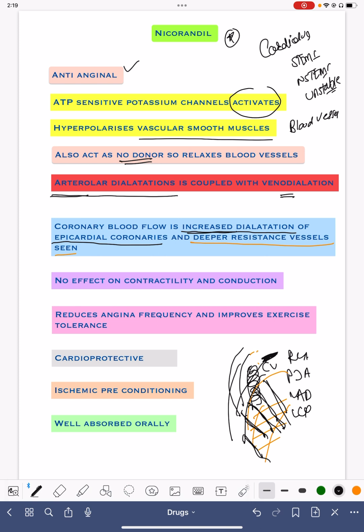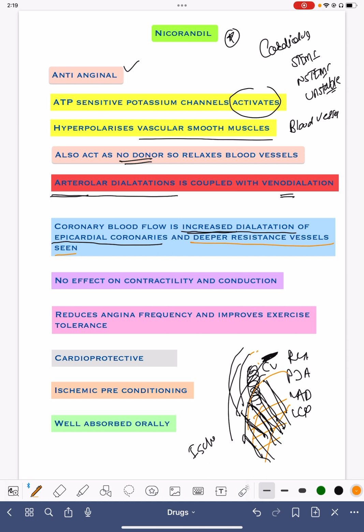So the area of the myocardium which is getting lesser blood flow, where it is getting an ischemic insult, also gets a better blood flow because of the increased dilatation of these deeper muscle-penetrating arteries. So the angina reduction is very beautiful.